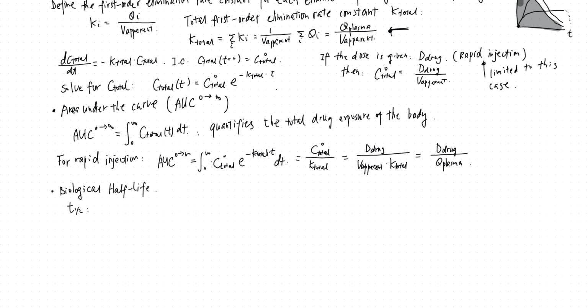So T1/2 is the time for the drug to reduce to half of its initial value.